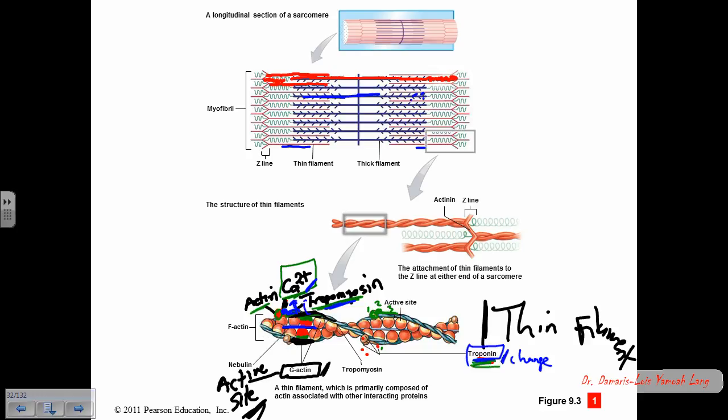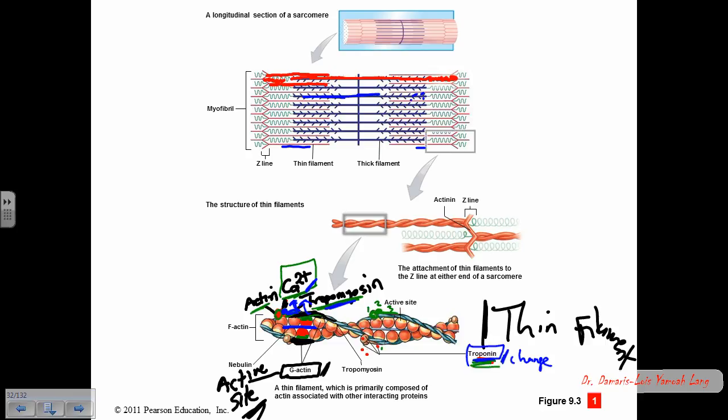It will be pulled as well. Does that make sense? Because that part of the troponin is attached to what? The tropomyosin. So the calcium binds to what? The troponin, and it will cause the troponin shape to change. And as the shape is changing and raising up, it will cause the part that is attached to the tropomyosin to be displaced. So the tropomyosin will no longer be covering what? The G-actin, like it was covering before.